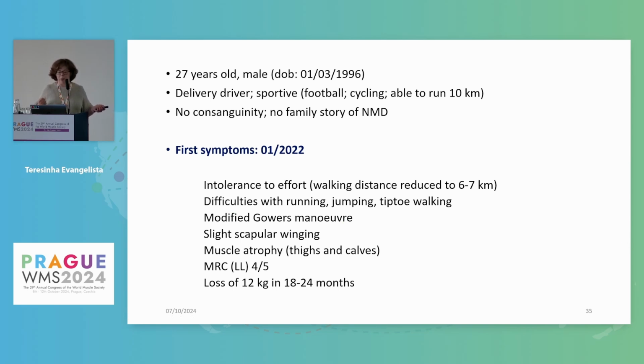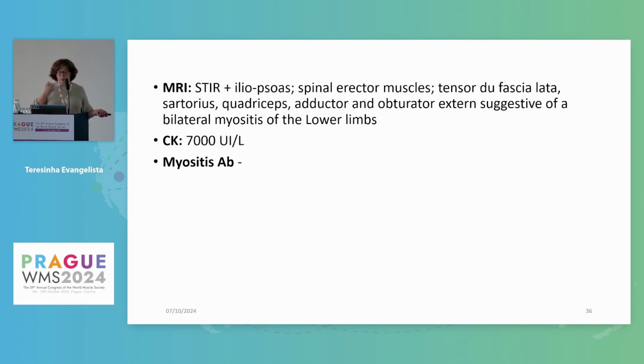And previously, he was quite strong. So there were still positive signs in the MRI in different muscles. The CK was 7,000, and he had a panel for the myositis that was negative because that was the first hypothesis.